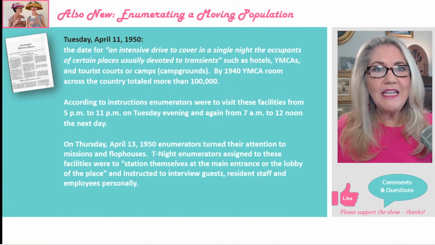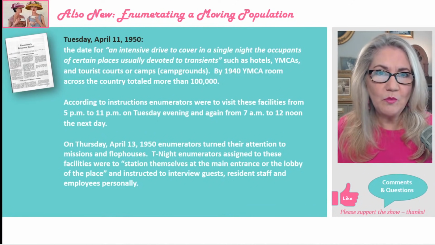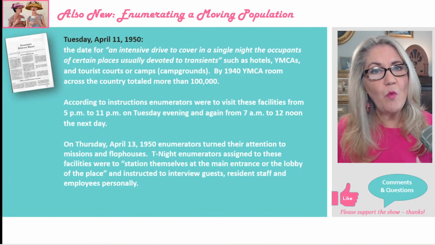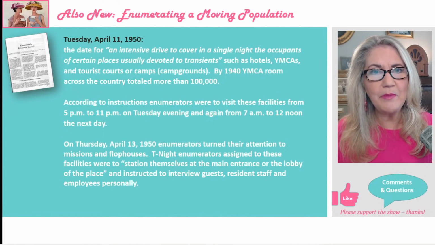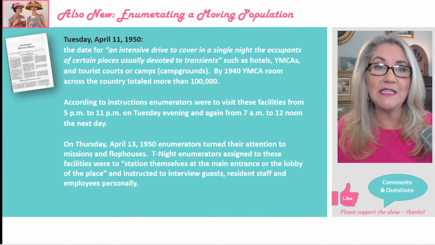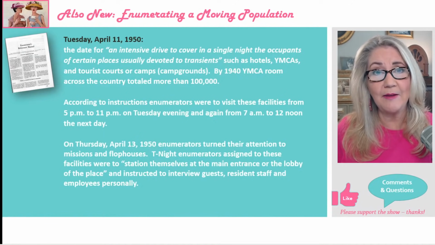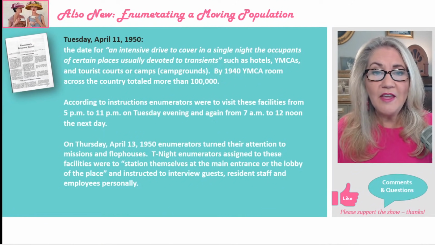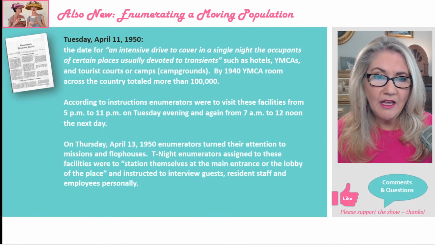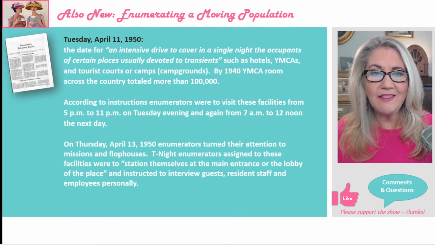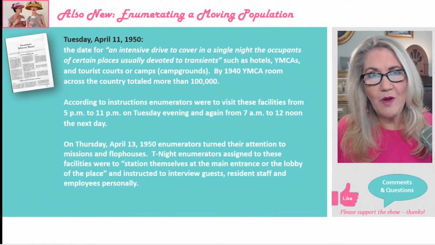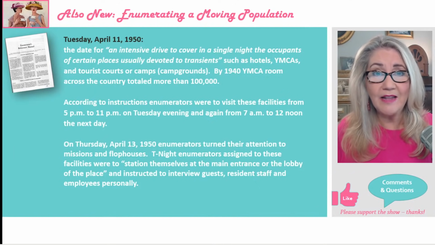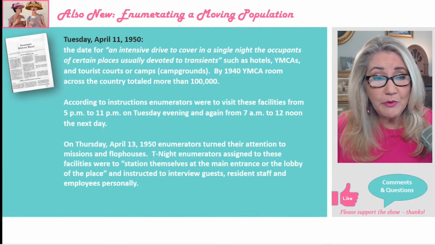Now, a lot of young men, right, they're back from World War II and they're moving around, and the YMCA was an incredibly popular place to get a really inexpensive but safe place to stay. And so they were saying in 1940, there were more than 100,000 rooms for the YMCA. So that's a lot of people, and sometimes 2 to a room or 3 to a room.